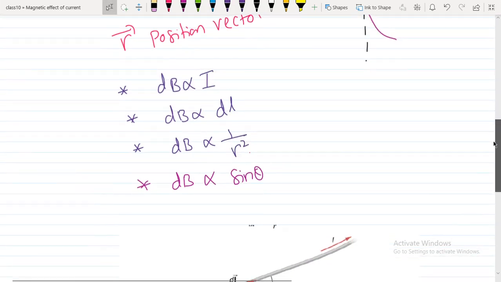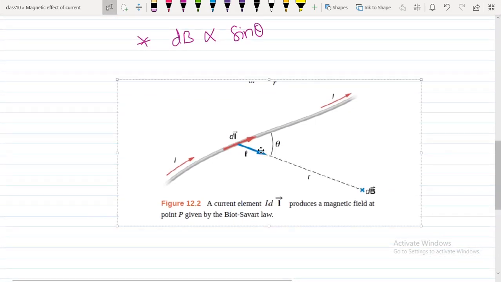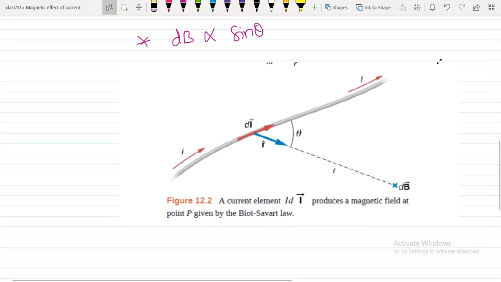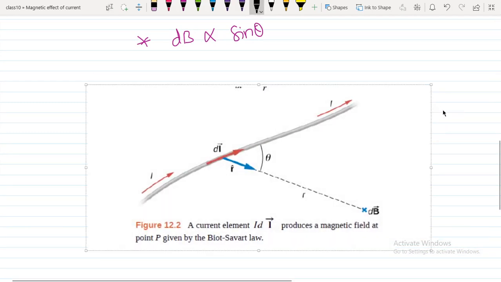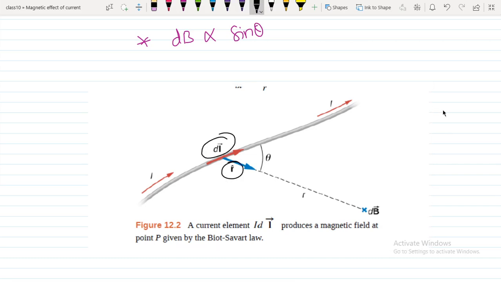So in this figure, you can see dB is directly proportional to the angle theta between the elemental length and the position vector r bar. If we combine everything and write, dB is directly proportional to I dl sine theta upon r square.